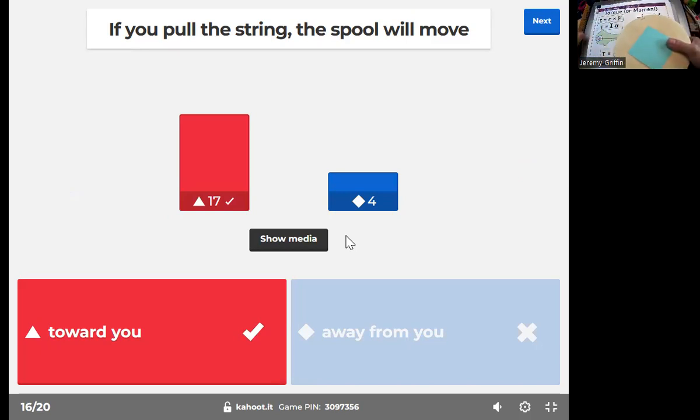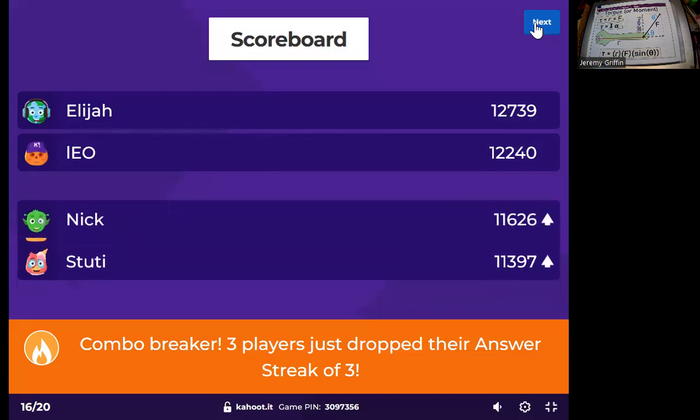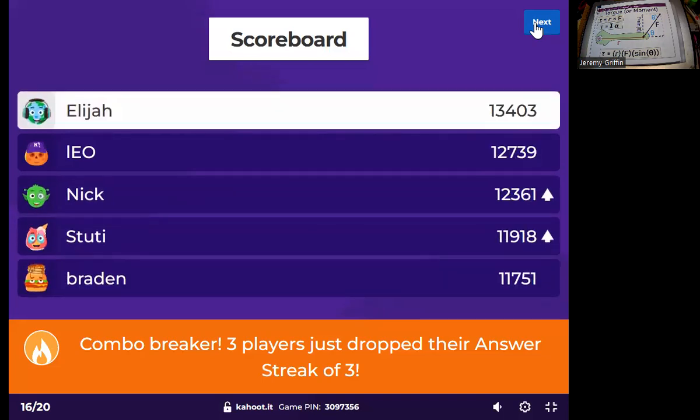Let's check this out. Yep, it's definitely to the left. Pull to the left, it goes to the left. So counterclockwise, from my point of view, I guess.